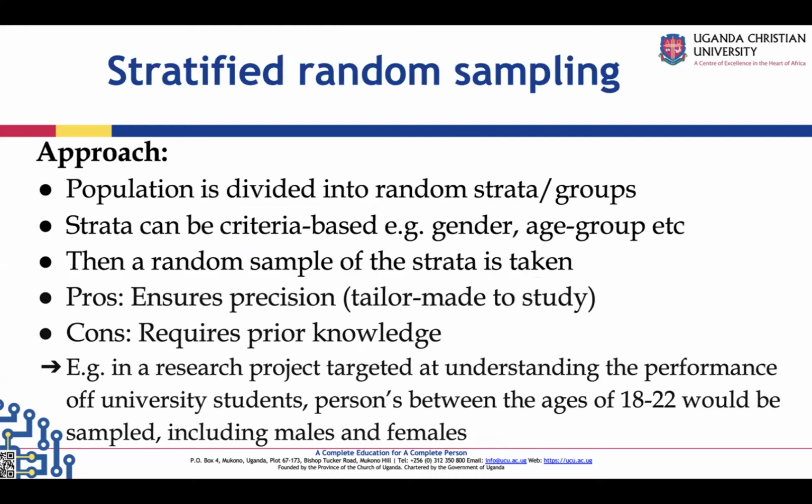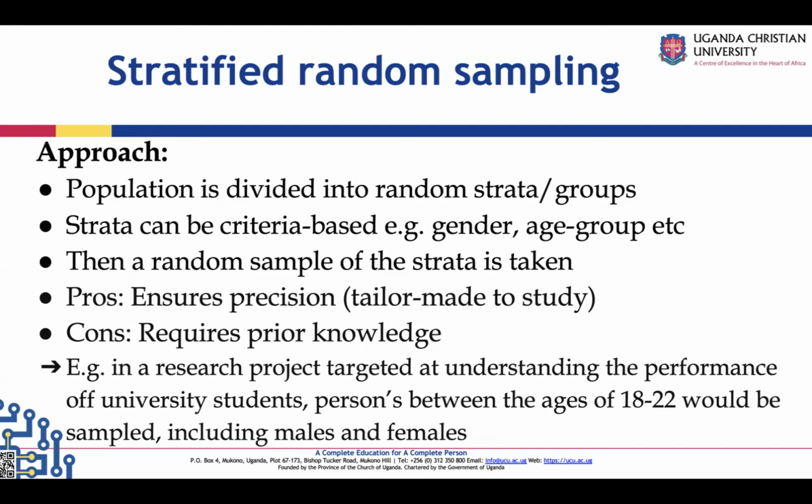For the stratified random sampling, there's a different approach. The population is first divided into random groups or strata, and these strata can be criteria-based, which you'd have to make as a decision beforehand. It can be based on gender, and that's why you hear a lot of people talking about data being gender aggregated. It can be based on age group and other types of criteria, depending on what question you are seeking to address.